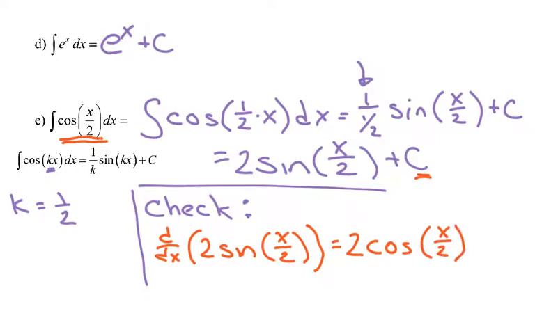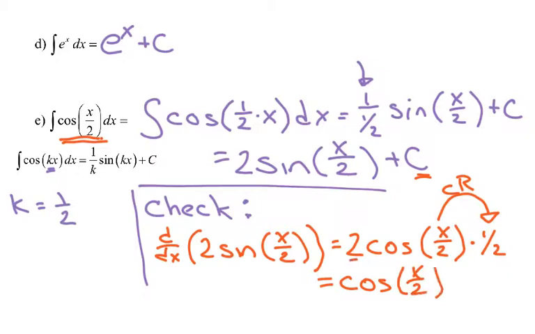Now that doesn't look quite right, but we have an inside function here, don't we? From the chain rule, I get times 1/2. So now I get cosine of x over 2. What happened to this 2? It got canceled out by that 1/2. So this is the correct antiderivative.